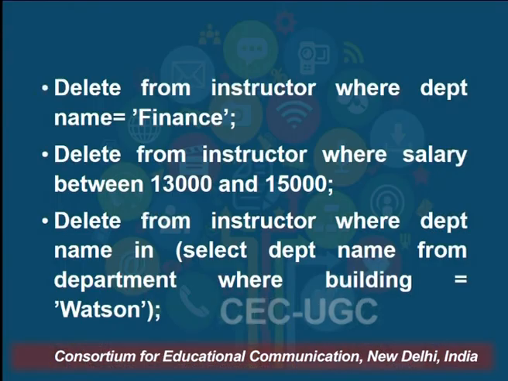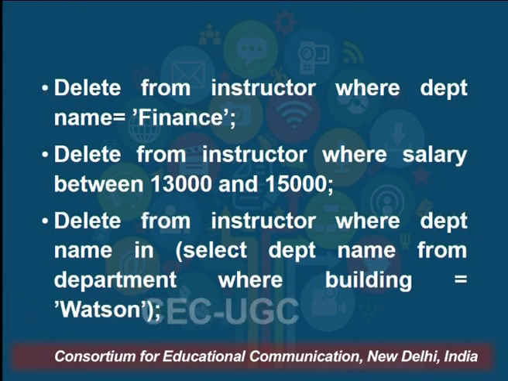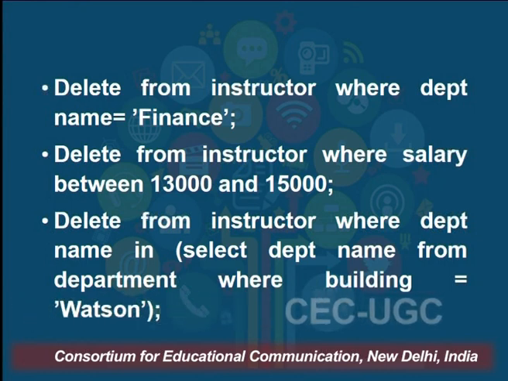Also, one use of a nested subquery in case of delete. So delete from instructor where department name in. Now, in is a connective which is used for testing set membership in case of a nested subquery.